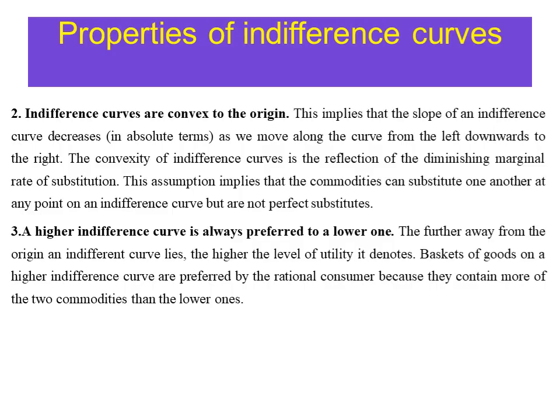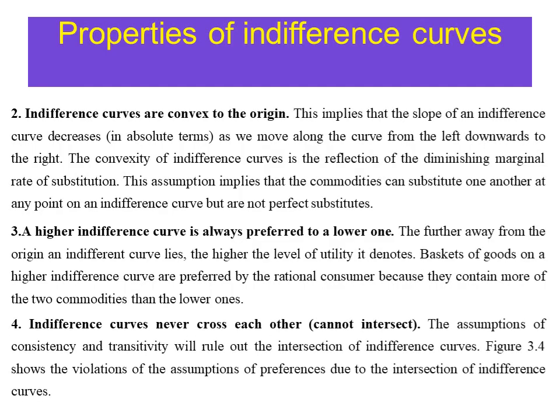Baskets of goods on higher indifference curves are preferred by the rational consumer because they contain more of the two commodities than the lower one. So as you go from left to right, satisfaction increases. So you can choose the higher points.